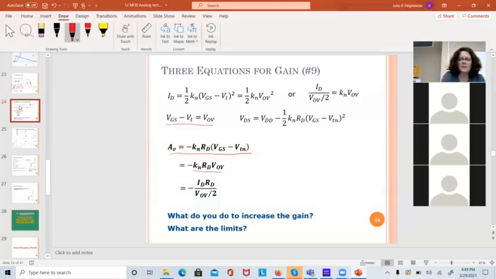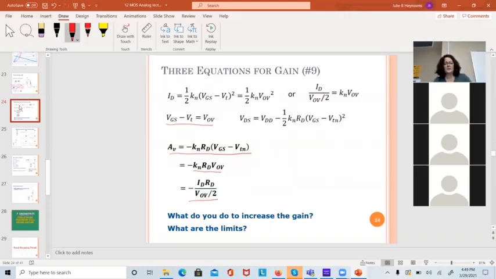We can also manipulate some more of these equations and get negative ID RD over VOV divided by 2. Now, the thing we can get out of these gain equations is, as a designer, what do I do if I want to increase the gain?